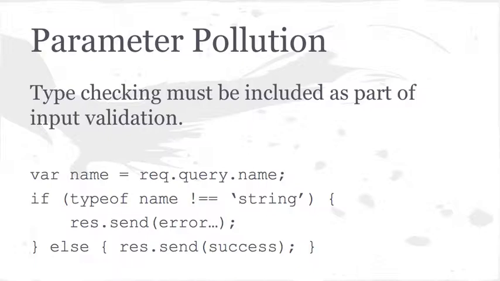There's really a limitless breadth of opportunities if you're able to pass something in that's not expected by the application. So essentially the best thing to do here is to check the parameter type by doing typeof name on the parameter and make sure it equals string. If it doesn't equal string, then send back an error.